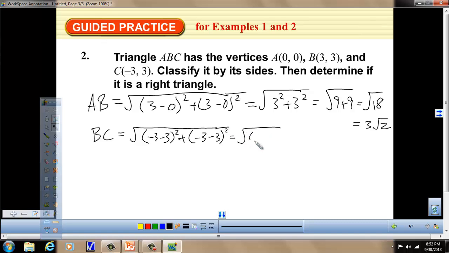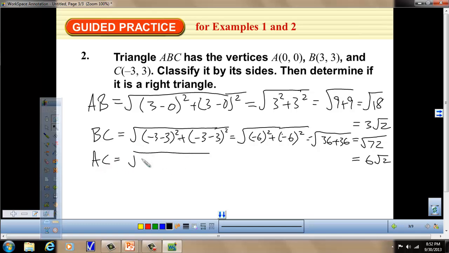This gives me the square root of -6 squared plus -6 squared. That's the same as 36 plus 36, which is square root of 72, and that ends up being 6 rad 2.